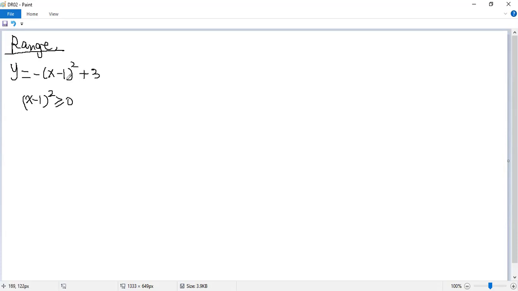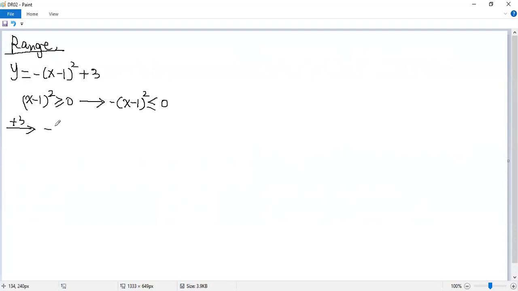Now we want to create the function. So first, both sides are multiplied by negative 1. So the left side equals negative (x minus 1) squared. The right side, negative 1 times 0, is still 0. But we need to change the direction, so less than or equal. And then we add 3 to both sides.